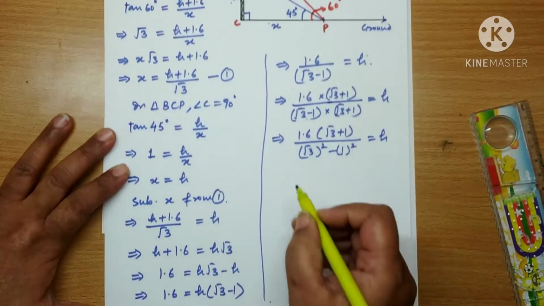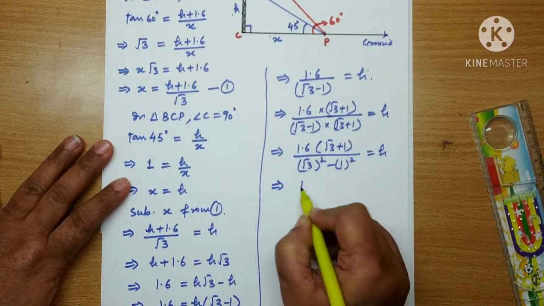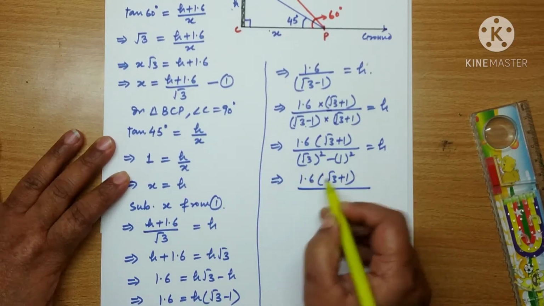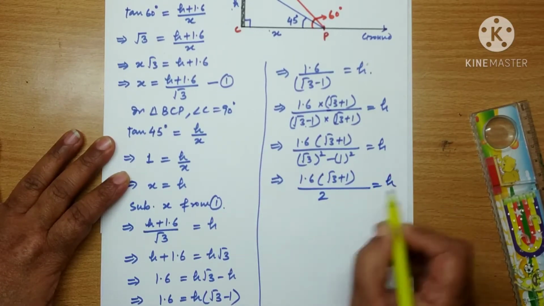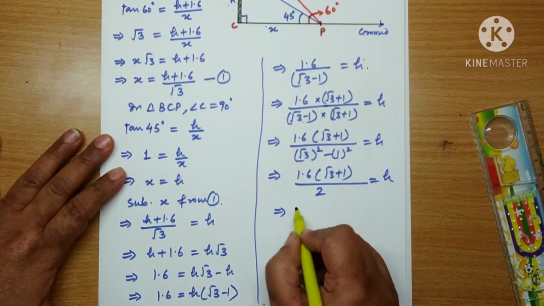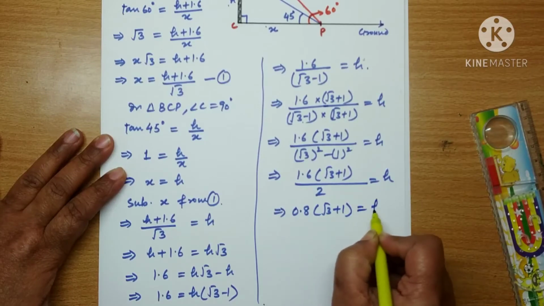A minus b, a plus b, that is a square minus b square. So I get 1.6 into root 3 plus 1 by 3 minus 1, which is 2. And we know 1.6 and 2 are divisible. So this is 0.8 into root 3 plus 1 equal to h.